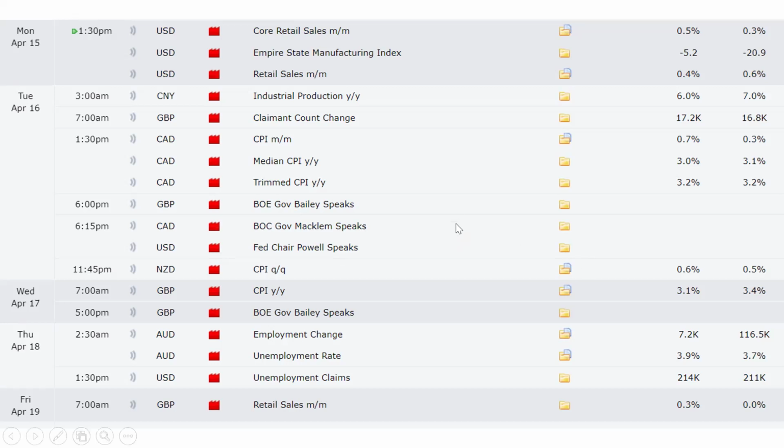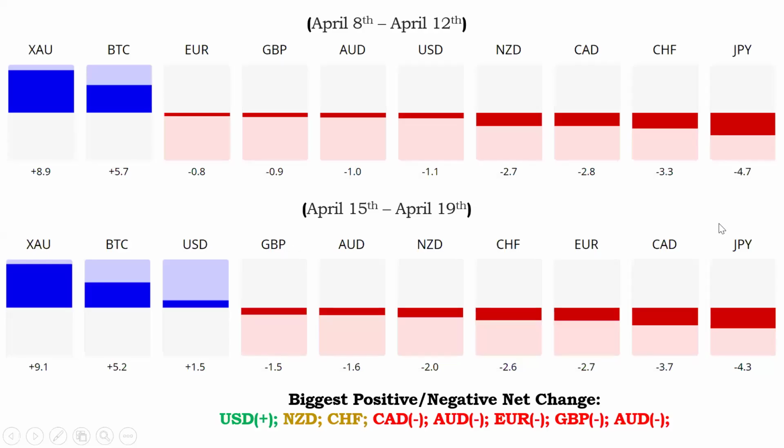Now, looking at the currency strength meter from the events that played out last week, quite a lot happened. Also this week, new dynamics have been added to the game, which is the regional war escalating in the Middle East, as now confirmed across the news, that Iran has attacked Israel.